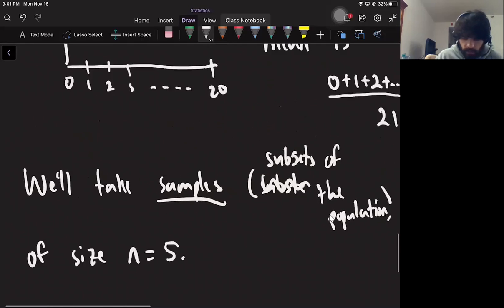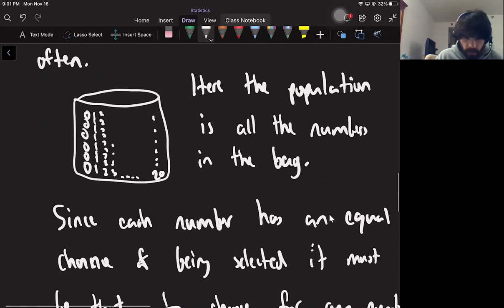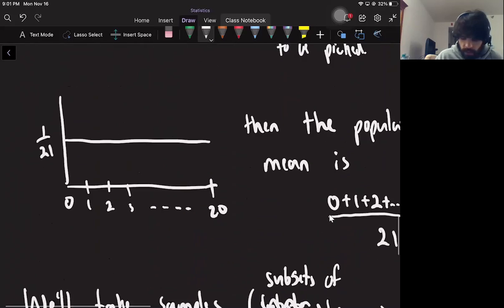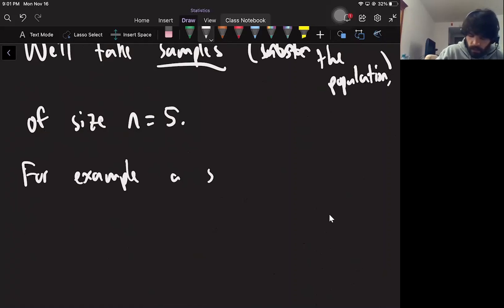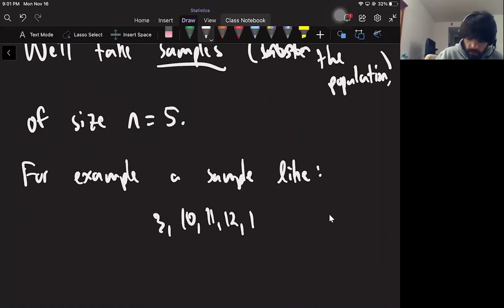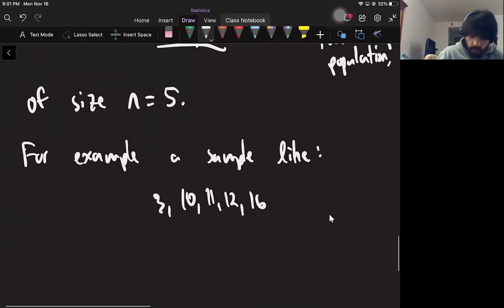So I could randomly open this bag and pick 5 numbers. Let's just pretend I did that. So for example, maybe I found a sample with these 5 numbers by randomly picking 3, 10, 11, 12, and 16. So this is a sample of size 5 because it has 5 things in it.